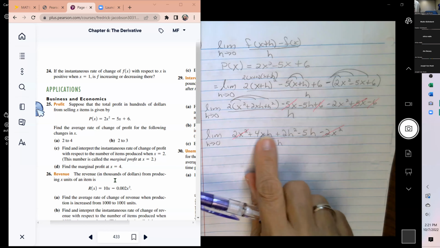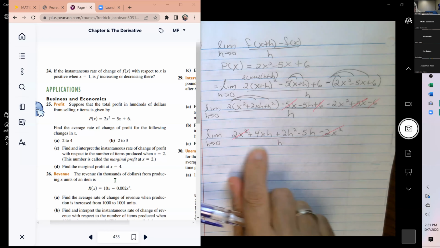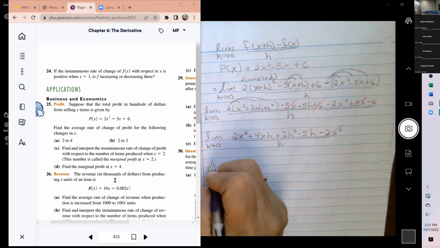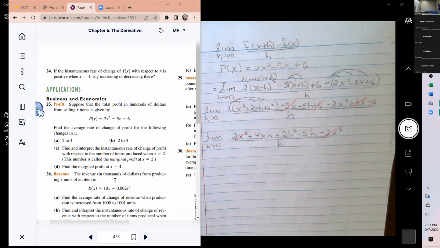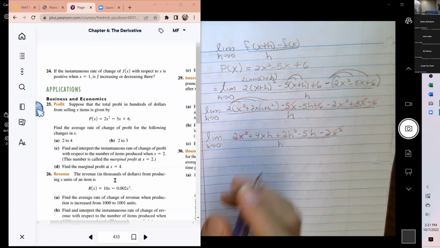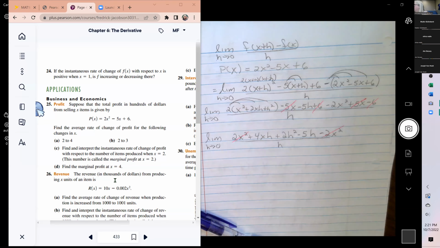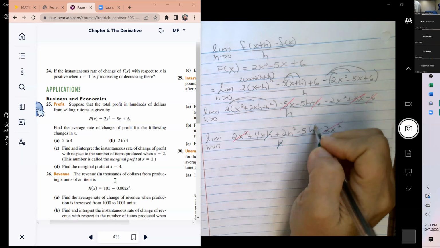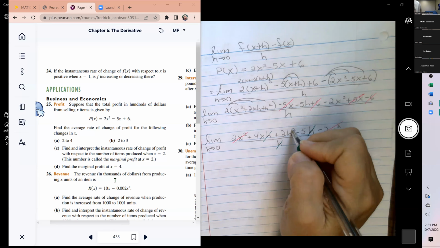We have 3 terms on top, 1 on the bottom, and they all have an h. If you wanted, you could cancel an h out of all of them right here. So I can cancel one here, and it's going to leave one of them.